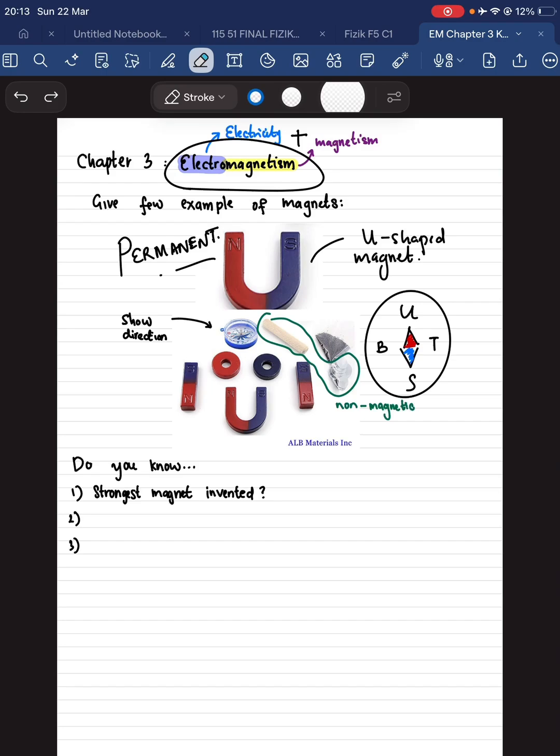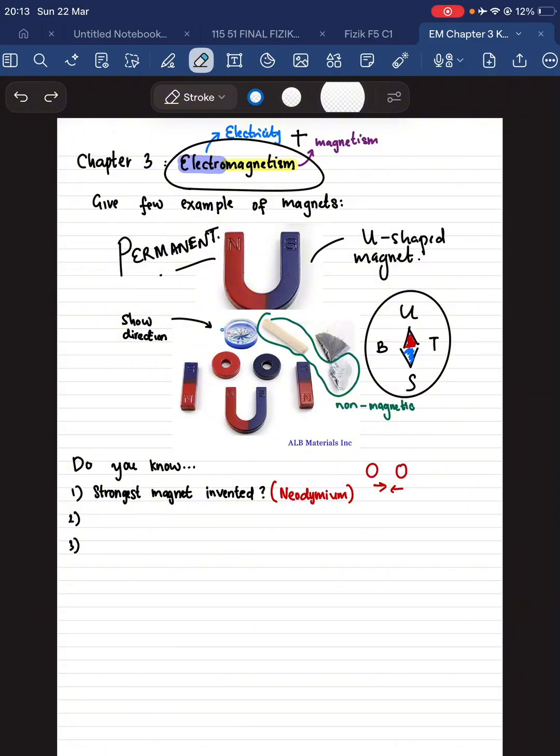But before that, do you know what is the strongest magnet people ever invented? So maybe you have heard about this neodymium magnet. You can search on the internet, and you will realize that this magnet is perhaps the strongest one.